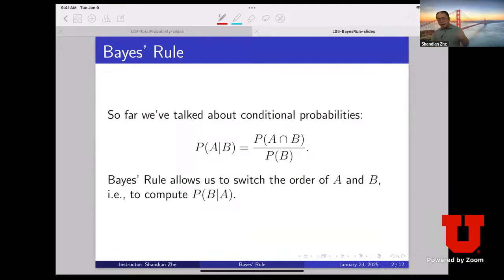Then mathematically, we calculate conditional probability in this way.